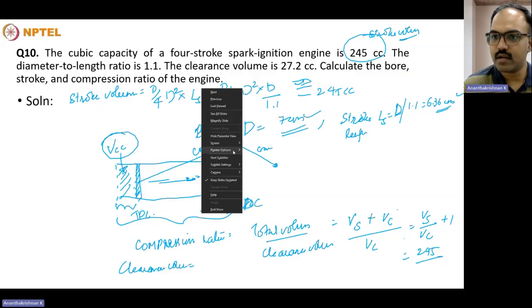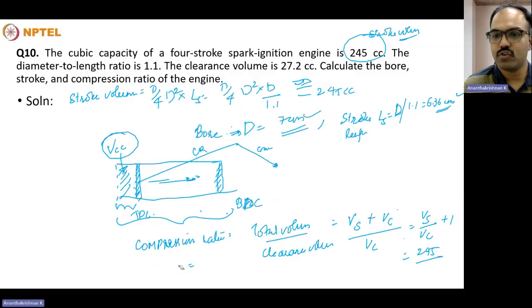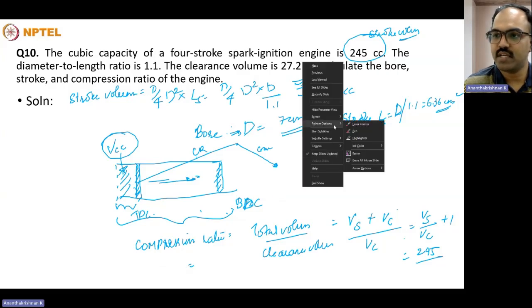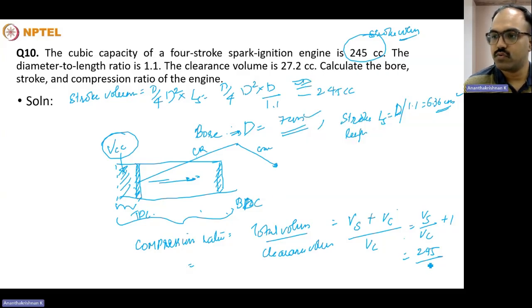Do we need to calculate the clearance volume? No, it's already given in the problem as 27.2. That makes our life easier. So 245 divided by 27.2 plus 1, it's straightforward. The compression ratio is 10.